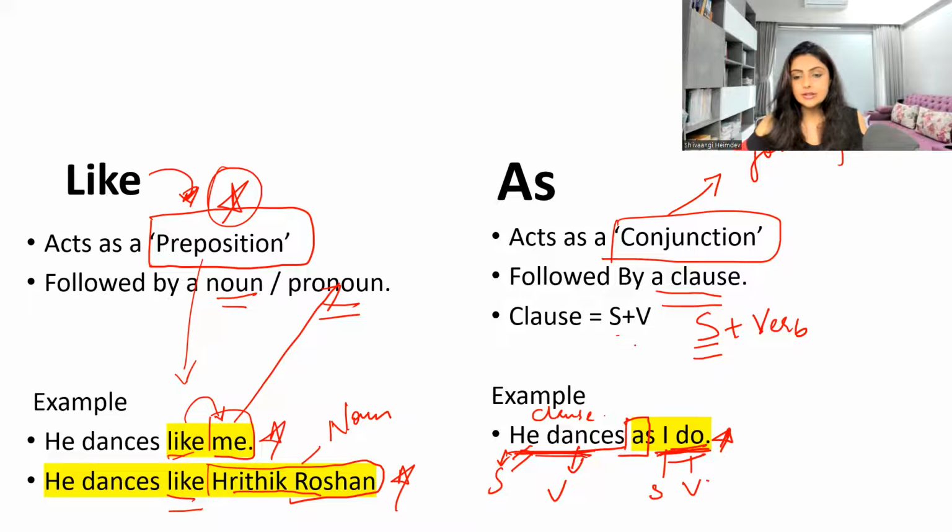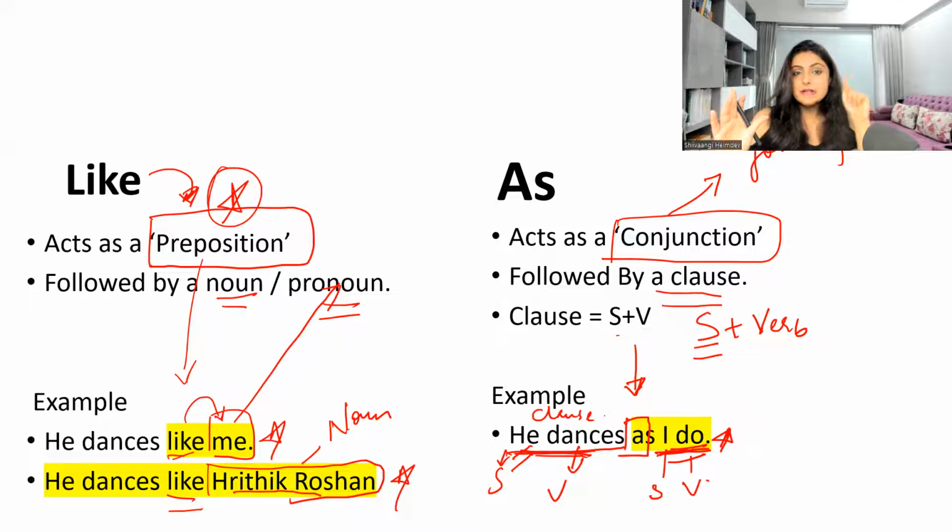the conjunction as. So like will always play the role of a preposition in such type of sentences that we have discussed, and as will always play the role of conjunction. I hope this much is clear.